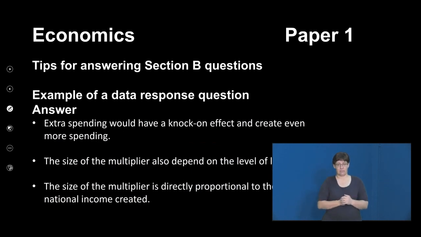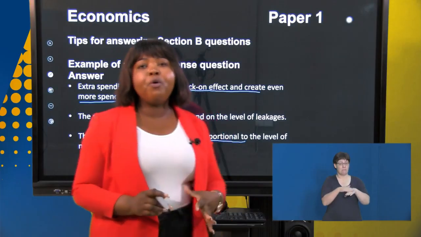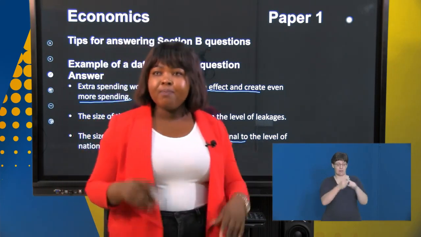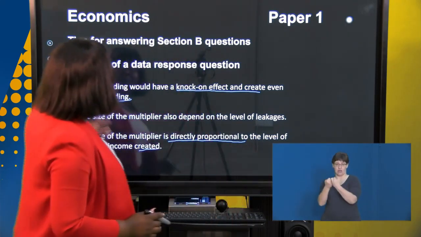Extra spending would have a knock-on effect and create even more spending. The size of the multiplier depends on the level of leakages. The size of the multiplier is directly proportional to the level of national income created. Like I said, boys and girls, a minimum of 4 points there. And again, you need to show the link between the multiplier and national income there.